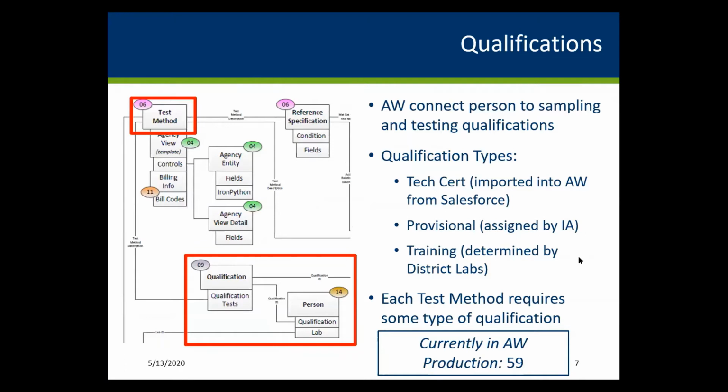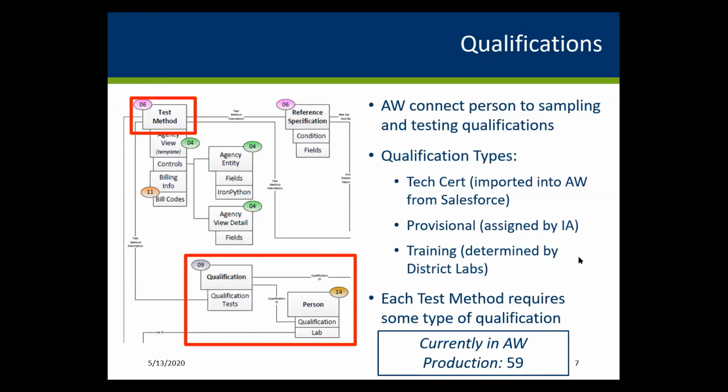The second qualification is provisional qualifications. Those qualifications are determined by the independent assurance and that they will be going into AASHTOWare and assigning whatever provisional qualifications a person has in the system. And the third qualification type is training. That's determined by the districts and the Maplewood Lab.